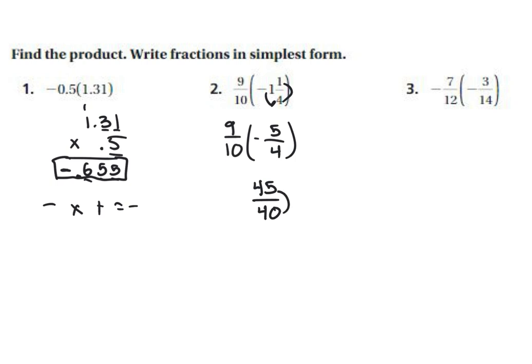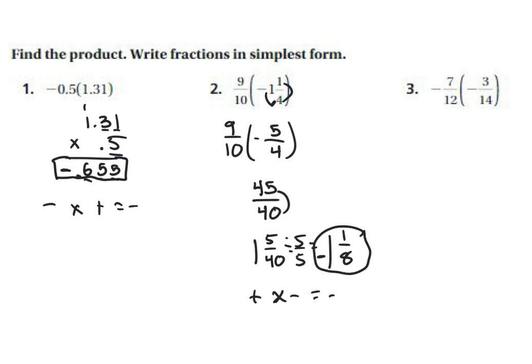And 40 goes into 45 once, with 5 left over. And then I need to simplify here. Divide by 5 over 5. And I get 1 1/8. Then I had a positive times a negative, so my answer is negative. So negative 1 1/8.